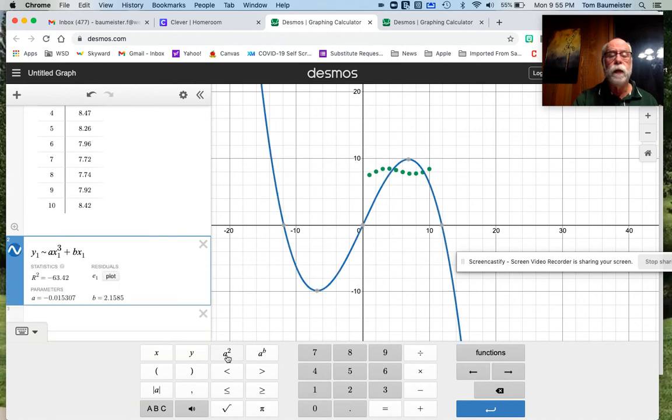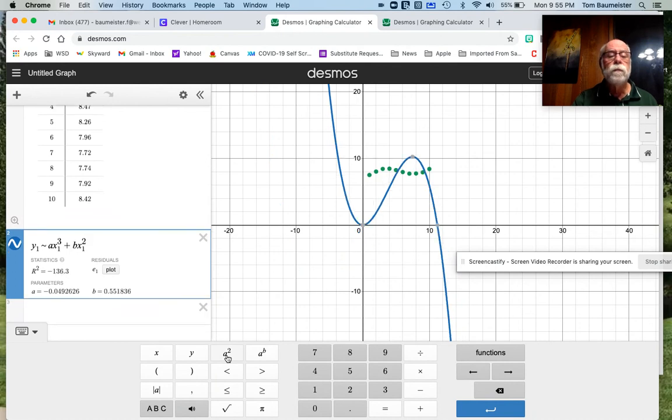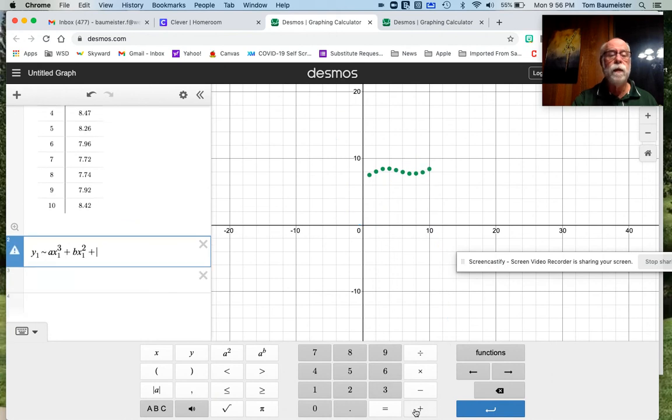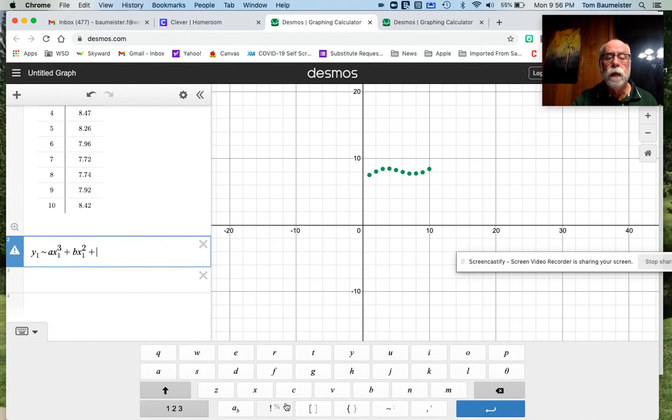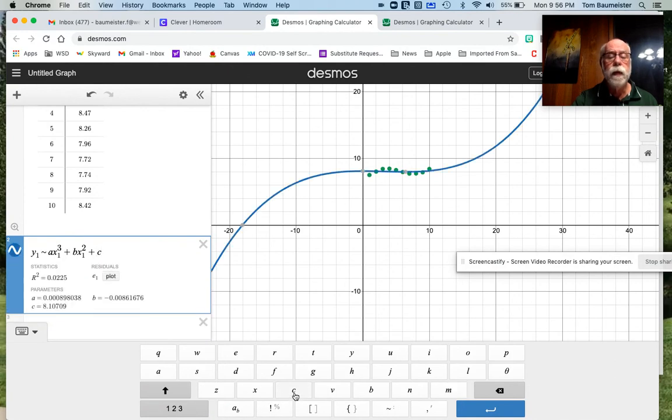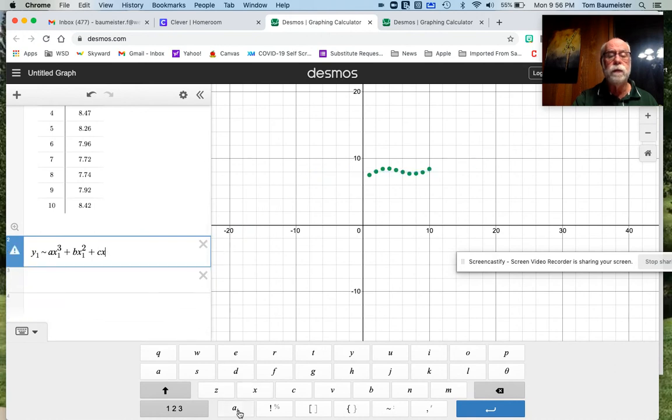And then on this one here, I can go squared. Notice how it keeps moving. All right. And then I'm going to go plus. And then I'm going to go C. And then X. What do I have to do with that X?